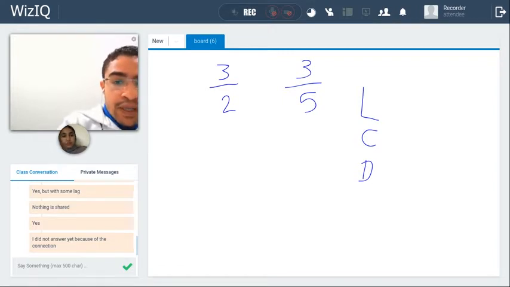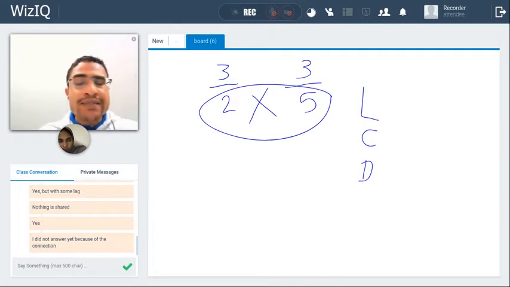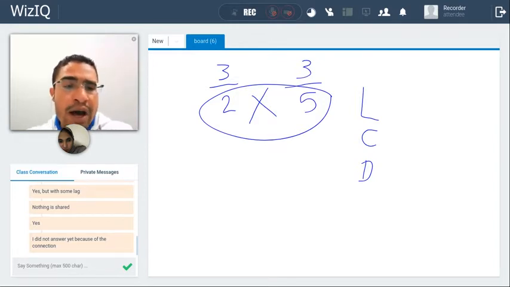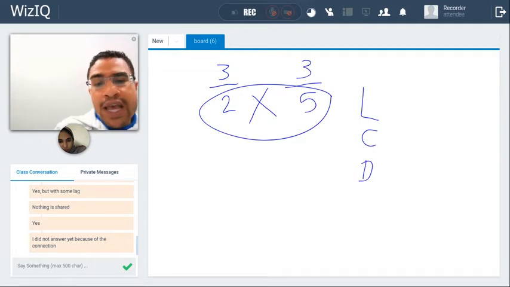If you look at them here, if you multiply 2 by 5, that would equal 10. We call this the least common denominator, or a multiple of the least common denominator. You want to use the least common denominator because if you use a multiple, that would make the number bigger, right?